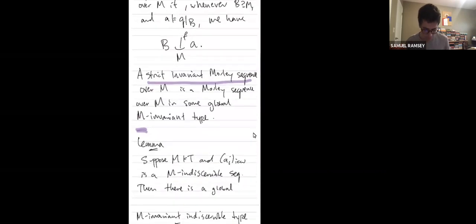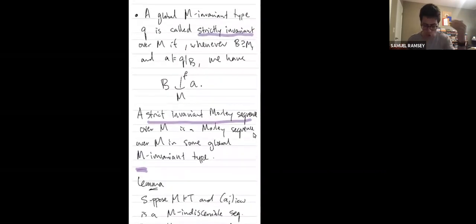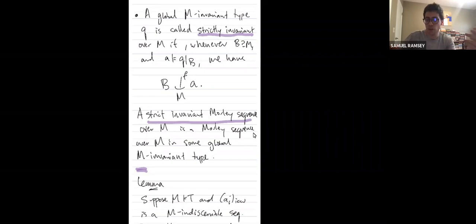So a global M-invariant type is called strictly invariant, or strict invariant over M, if it's invariant one way. So it's a global M-invariant type. But also, if I realize that type over a set of parameters, which I'm calling B here, then B is independent with A over M. And as we've discussed, in being invariant, if you realize an invariant type over B, then the realization A will be independent with B over M, because invariant independence strengthens non-forking independence.